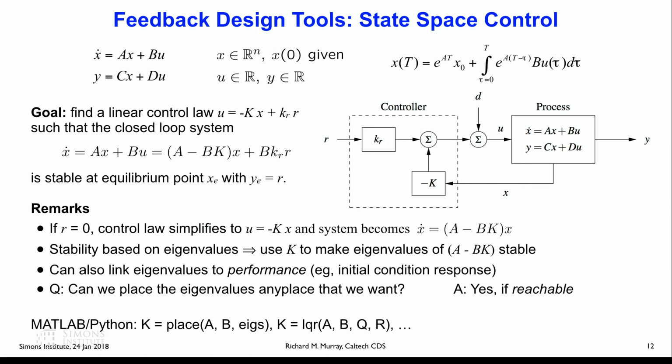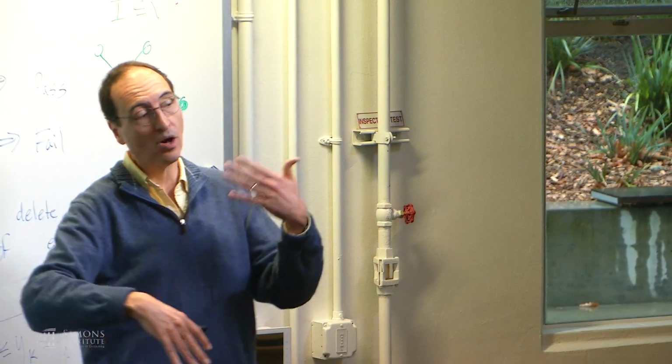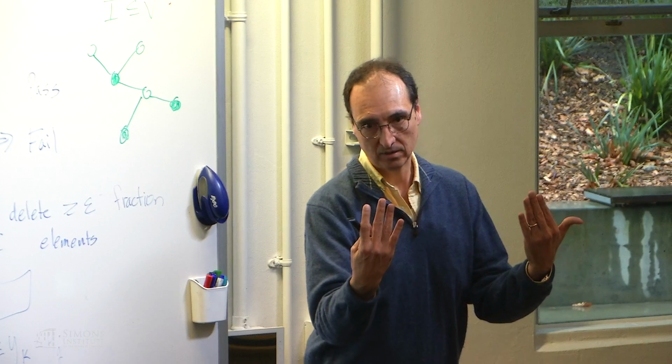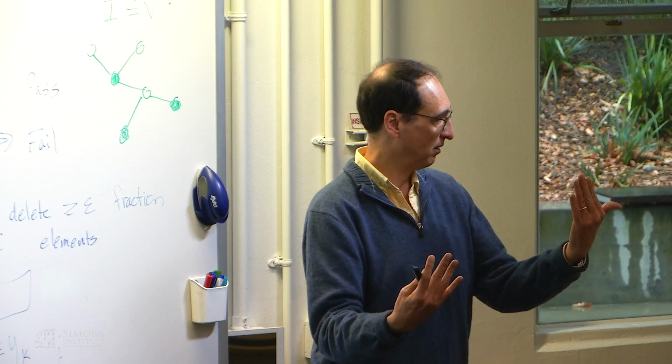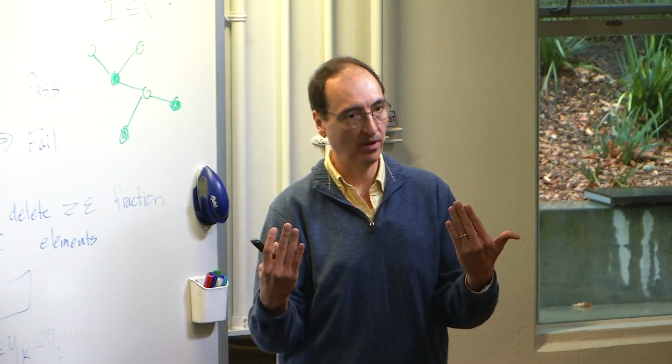So you can do fancier things. You can say, well, maybe I didn't want to place the eigenvalues in given spots. Maybe I wanted to minimize some cost function, like minimize the integral of the error plus the integral of the input. So I want to keep the error small, but I want to trade that off with the size of the input that I have to apply. So if I did a quadratic cost on the error and a quadratic cost on the inputs, then I could have a positive definite matrix Q that told me the error weighting, and a positive matrix R that told me the input weighting.